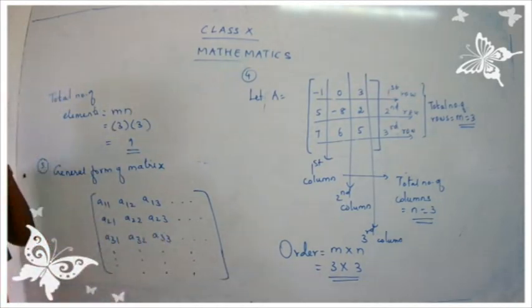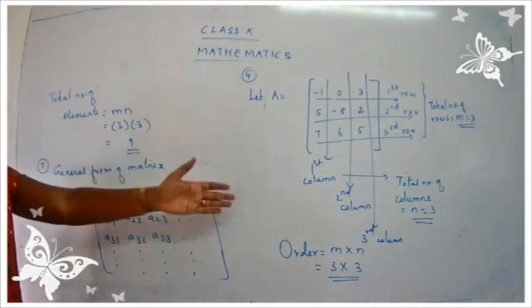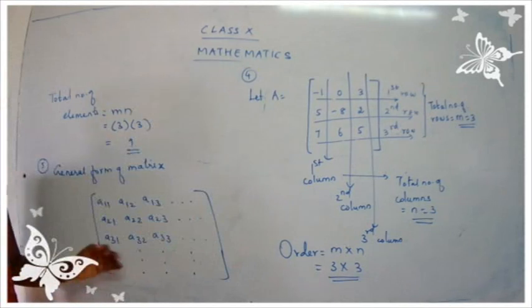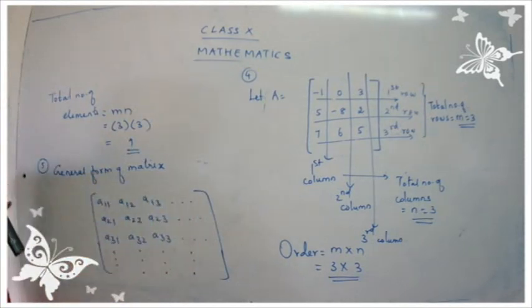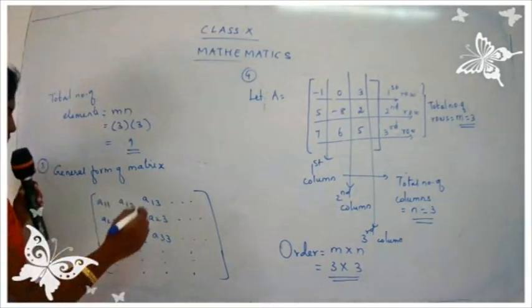So in the general form, you may have A14, A15, A16 and so on. Here we have A41, A42, A43, A51, A52, A53 and so on. So this is a general form. Write down the general form of a matrix: A11, A12, A13.